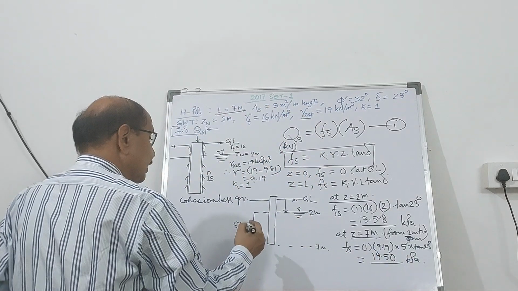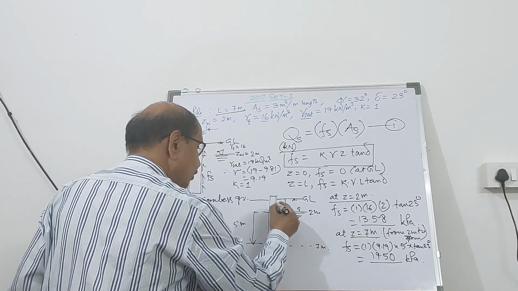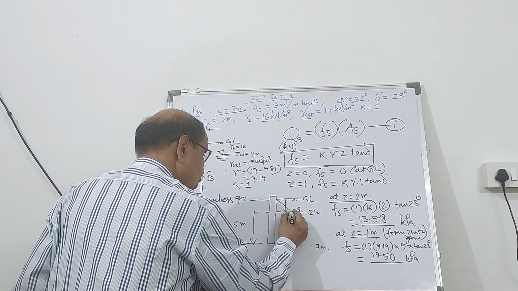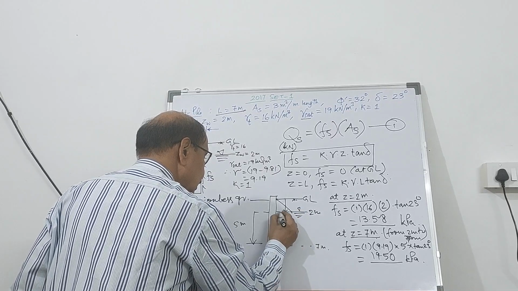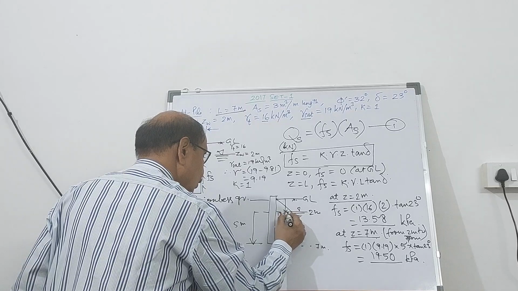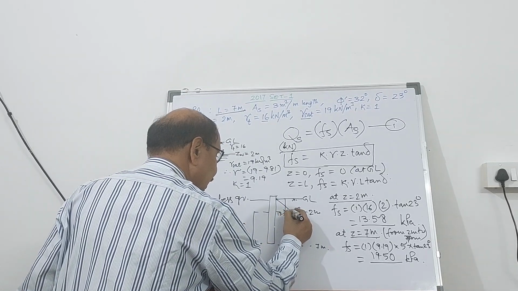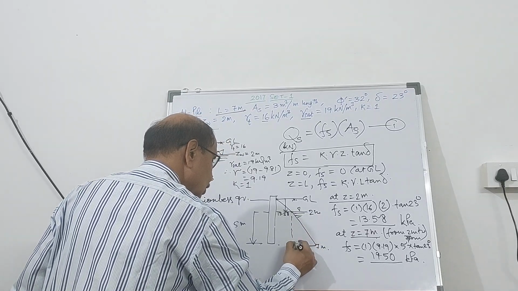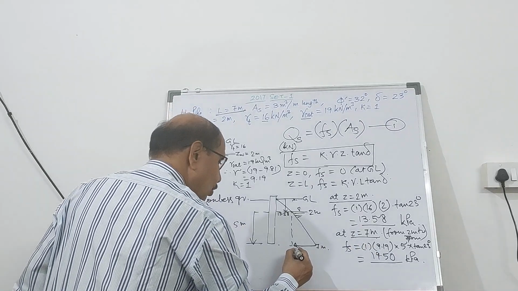So if you plot the variation, it is going to be 13.58 at 2 meter, right? And then from here, 2 meter to 7 meter, this is going to be 19.50.